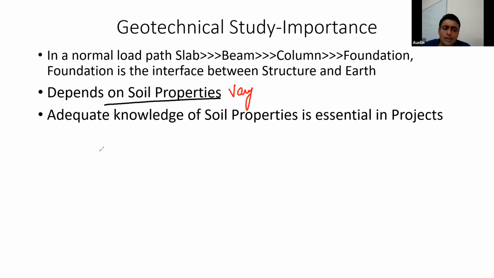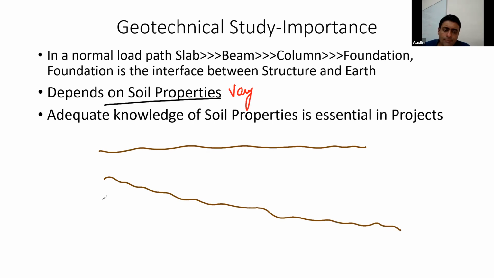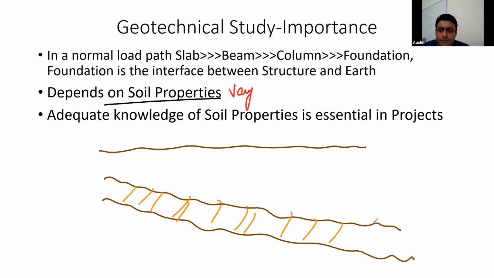properties that you get. For example, if this is a plain surface, and let us say the hard strata rock is like this. The underlying hard strata has this type of geological formation. What I'm trying to say over here is that this is your ground level. Ground level seems to be fairly plain, but the underlying rocky strata has a slant geological formation.